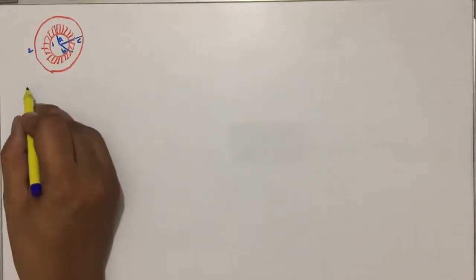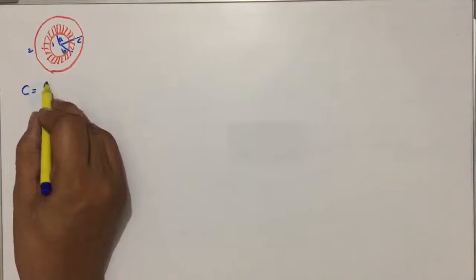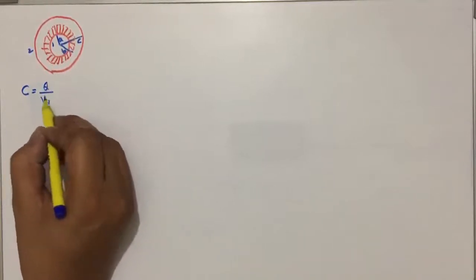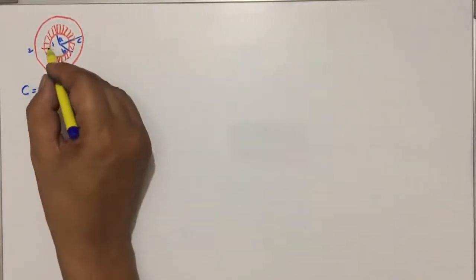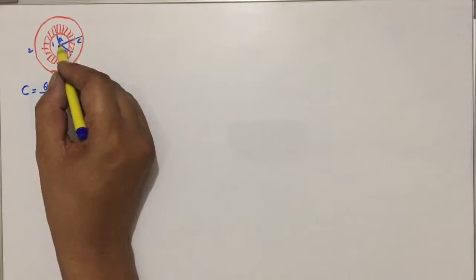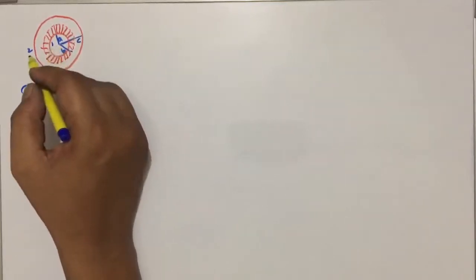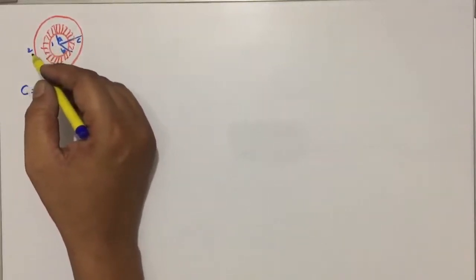And to find the capacitance, we know C is Q by V21. The inner sphere of radius a is assumed as 1, the outer is assumed as 2.